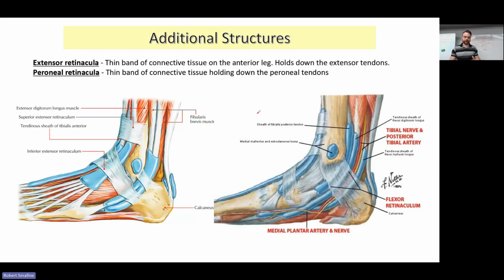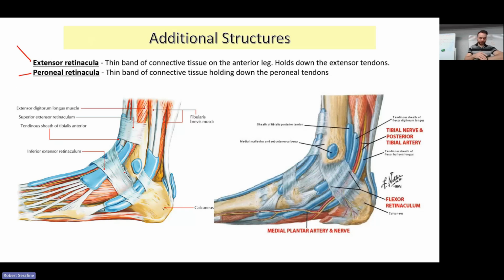We also have, very similar to the forearm and hand, and I keep saying that, it's almost copy and paste, the retinacula. We had retinacula in the forearm and hand. Well, here we have a flexor and extensor, and peroneal being on the lateral side, which hold down the tendons.